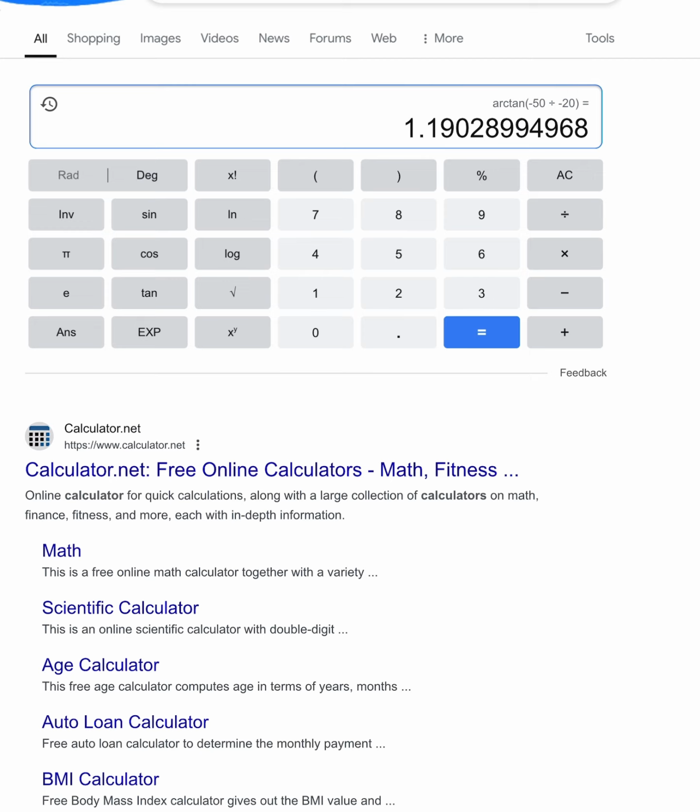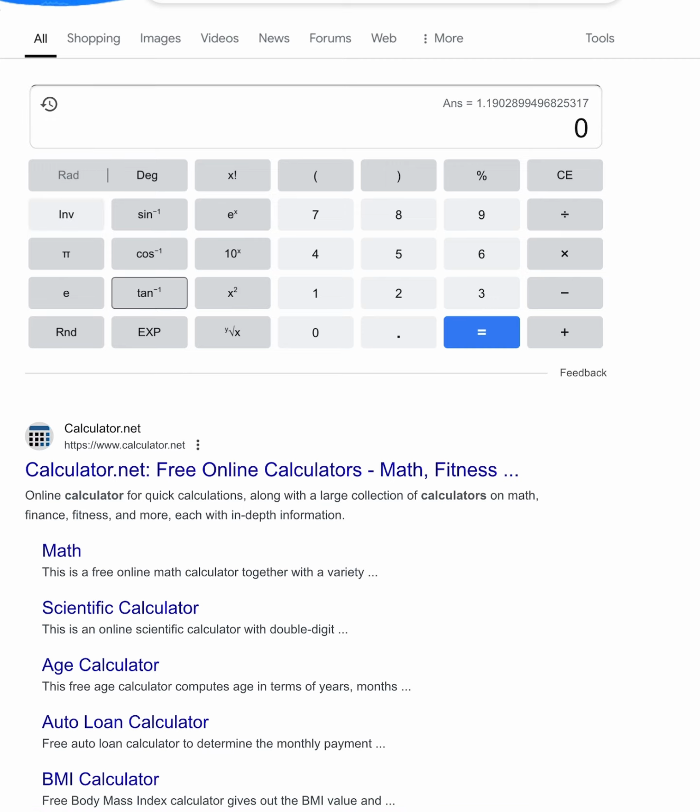I have to redo this one because it was in radians, so make sure it is in degrees. Let me do it one more time. First, inverse, and I'm pressing the degree here just to confirm. So this is in degrees.